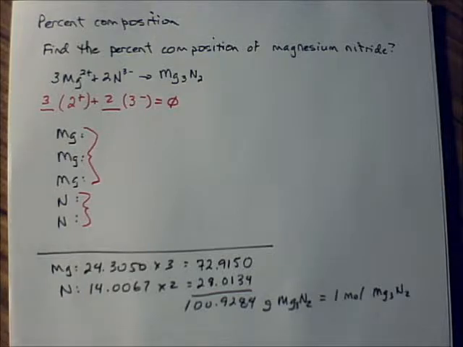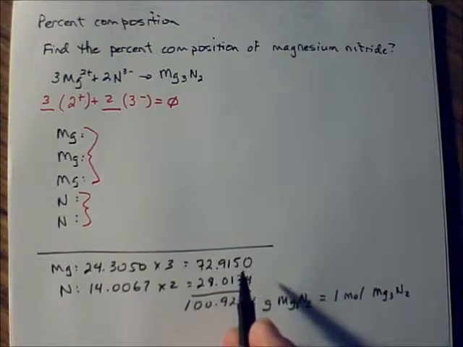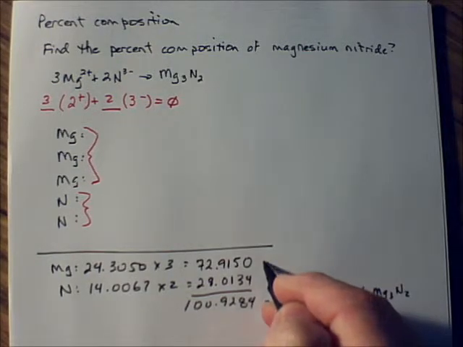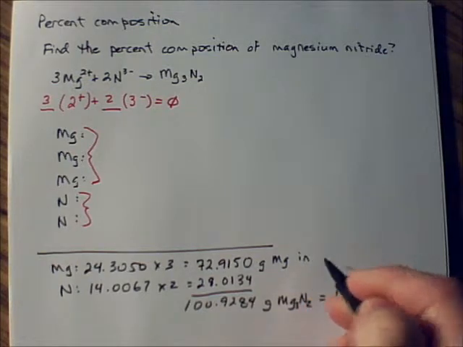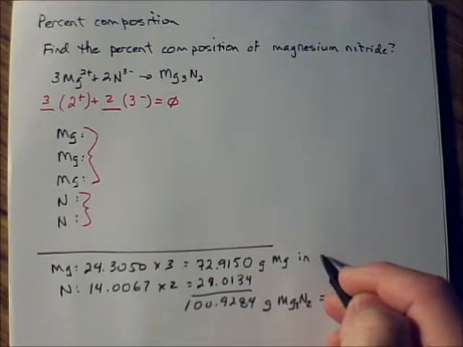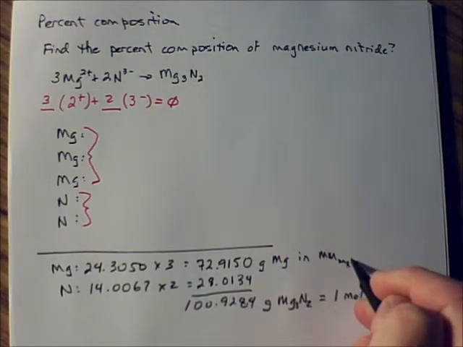All right. So this number is actually the mass of magnesium in the total molar mass of magnesium nitride.